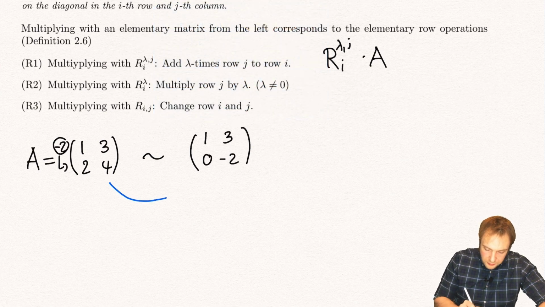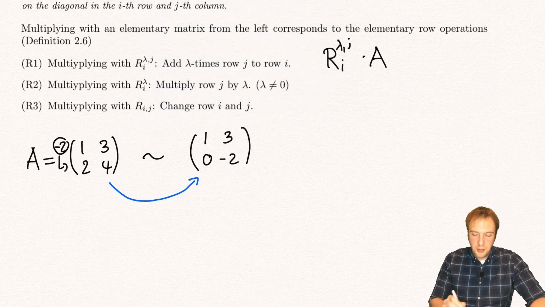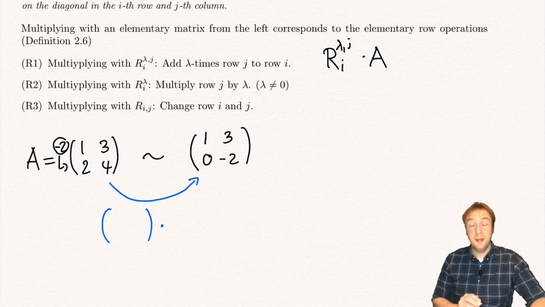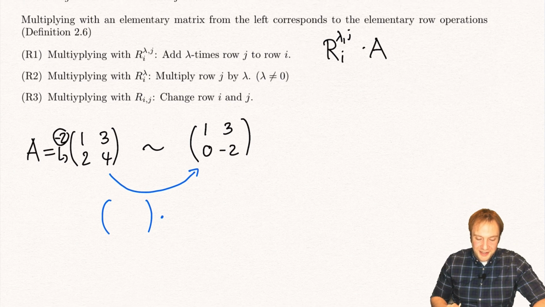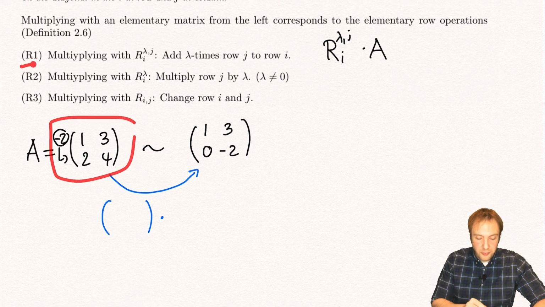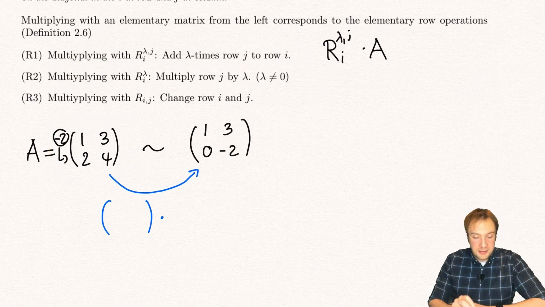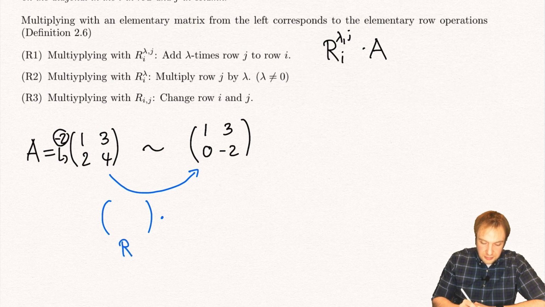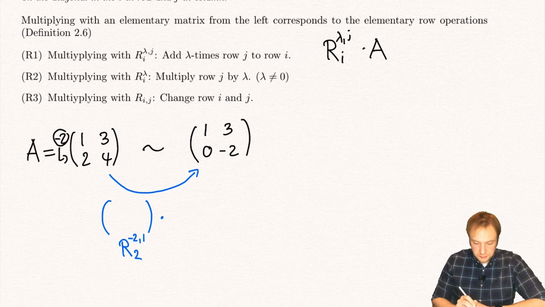So how can I go from this matrix to this matrix? I can multiply with a matrix from the left. And this corresponds to row operation 1. So I want to multiply with the matrix R minus 2. So I take the first row and add it minus 2 times to the second row.